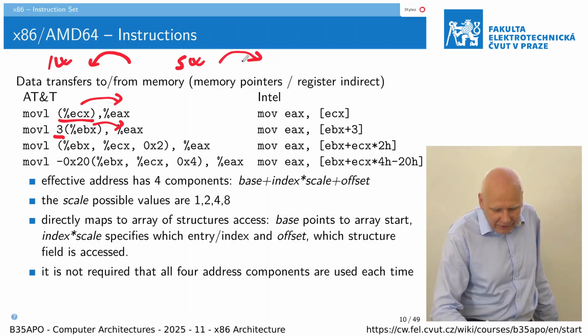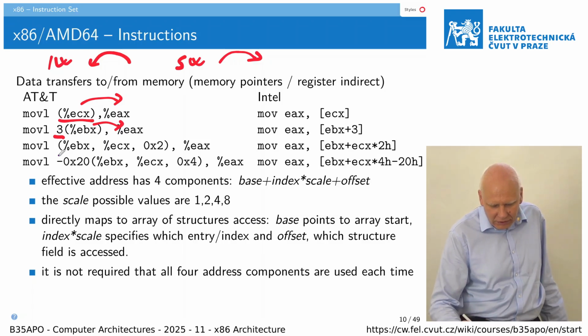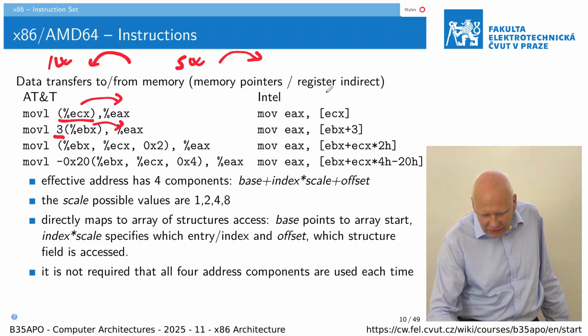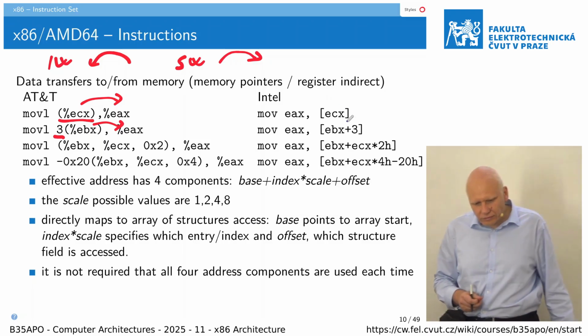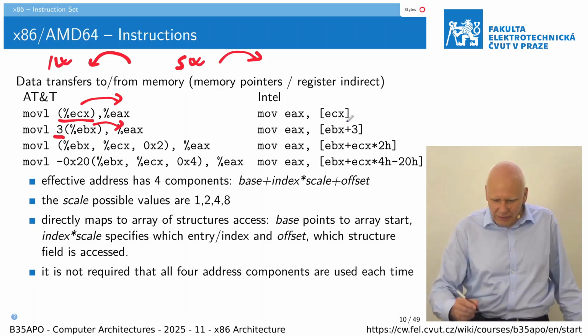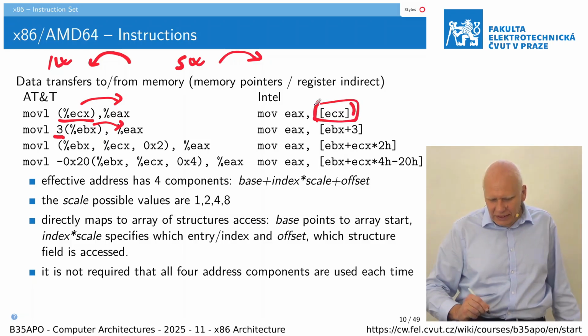Anyway, then there is the complex addressing which is possible on x86. In the Intel syntax, you see that those brackets are used the same as for an array. So this is array access.